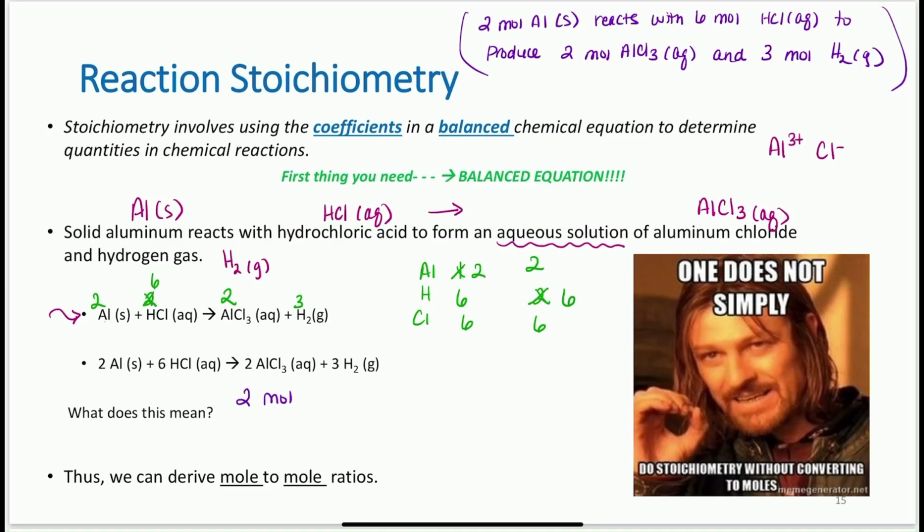2 moles of solid aluminum react with 6 moles of hydrochloric acid.